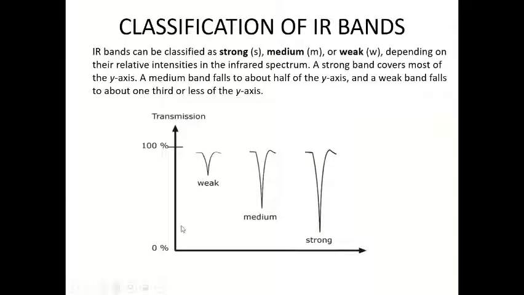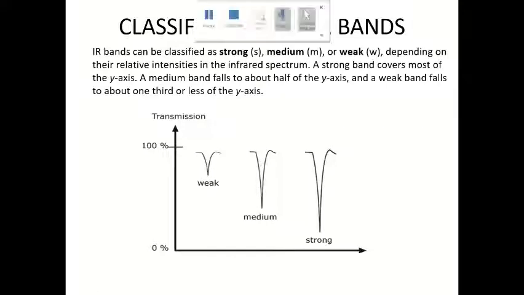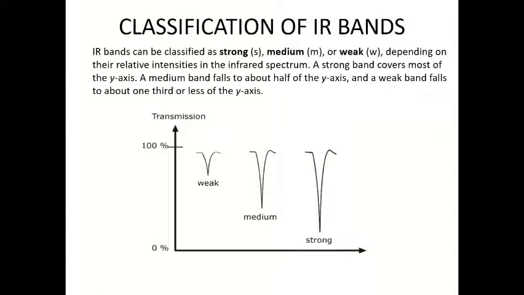Then a medium band falls to about half of the y-axis, and an example can be the NH stretching, the OH, and others. Finally, the weak band falls about one third or less of the y-axis, and we can see as an example the benzene fingerprints of a specific molecule, right?